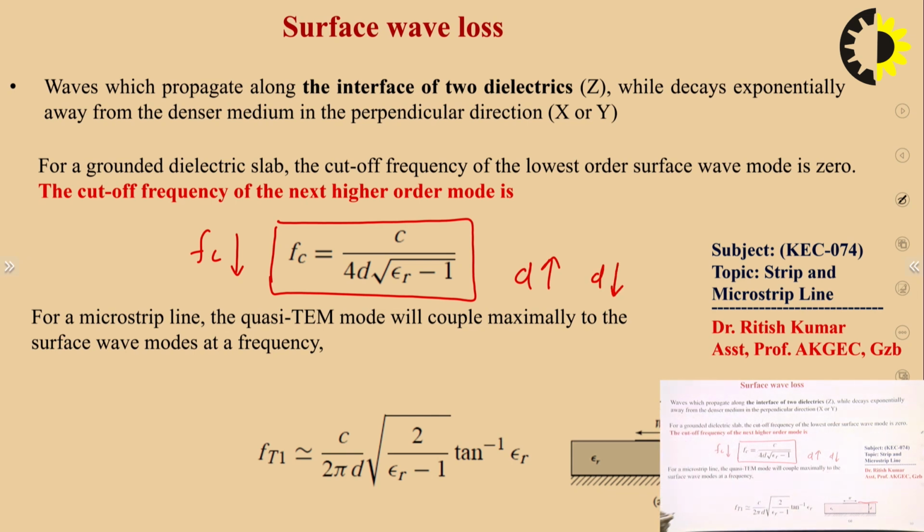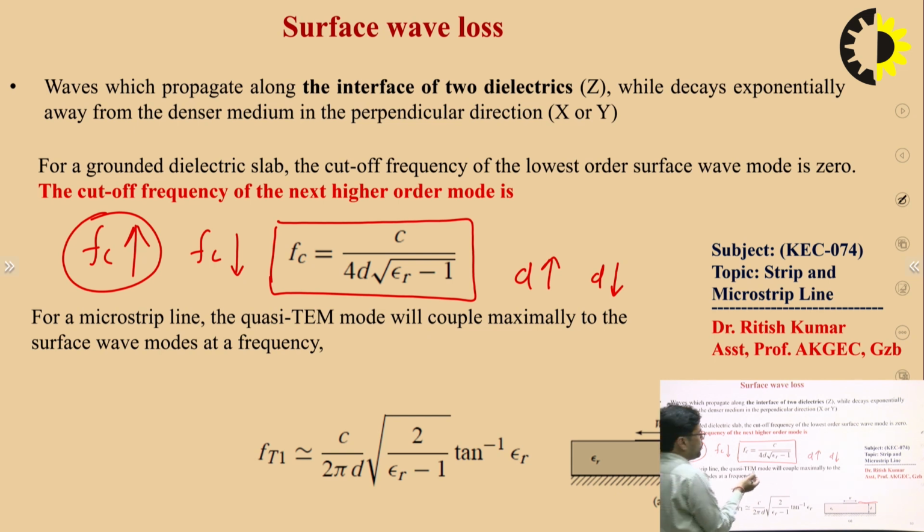Our requirement is to have fc as high as possible in the microstrip line, to minimize the surface wave loss. So if you decrease the thickness of this substrate, you will have a higher cutoff frequency. This is another drawback of the microstrip line, that is surface wave loss.